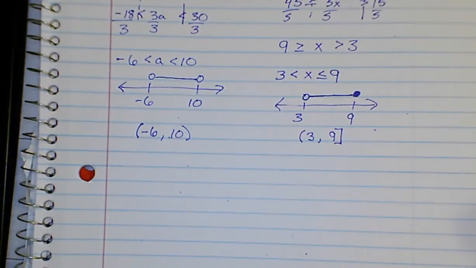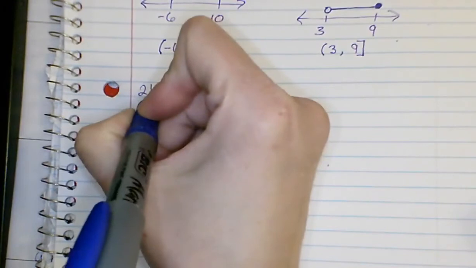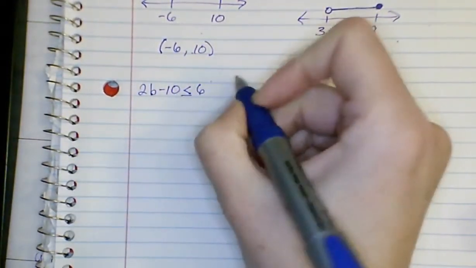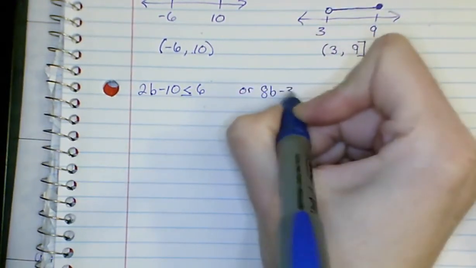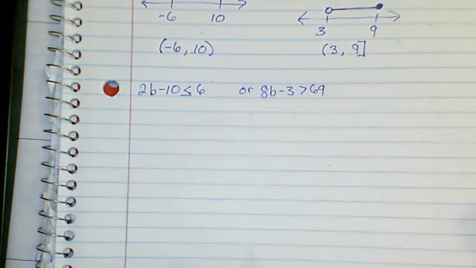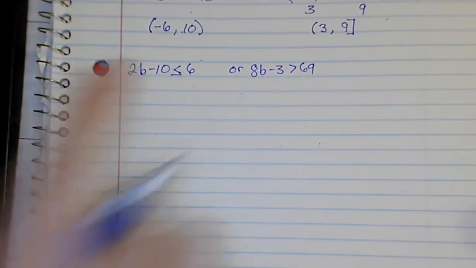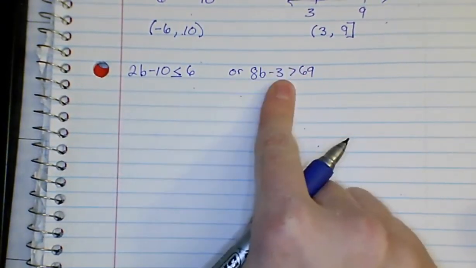And then we have another compound statement. We can have two different statements where we either have to have this inequality to hold true or this one to hold true.